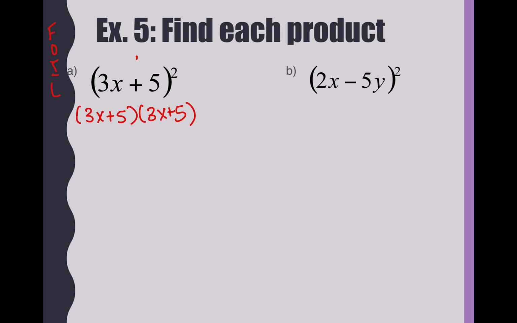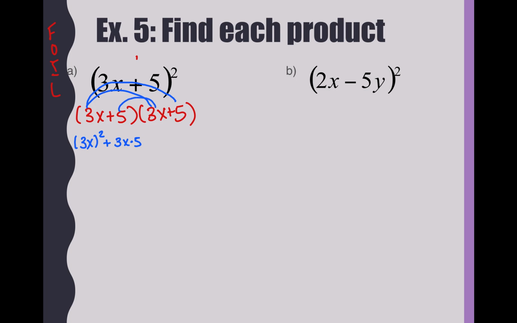So FOIL first. That 3x times 3x, that's the same as 3x squared. Outside, 3x times 5. So I'm going to write plus 3x times 5.